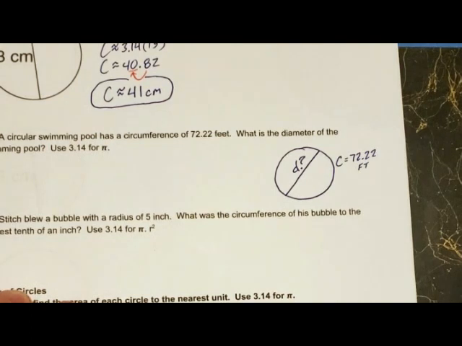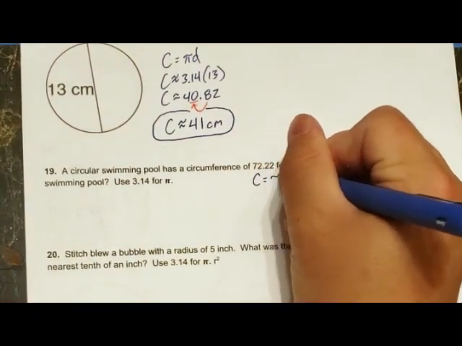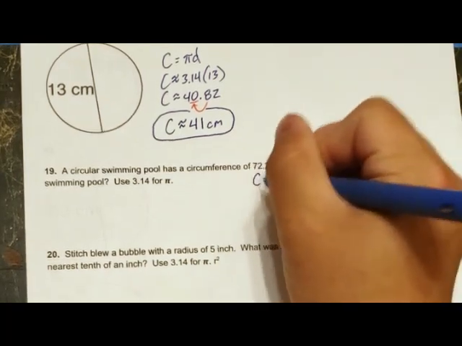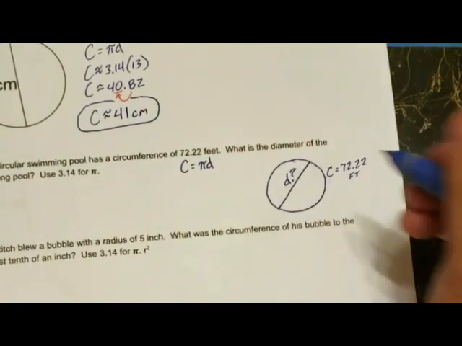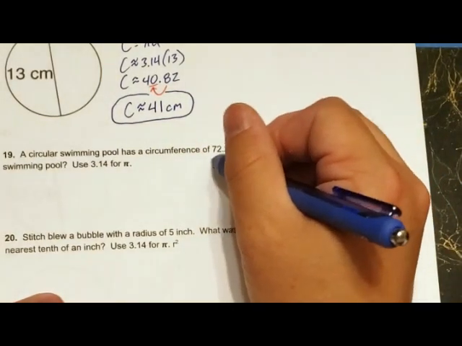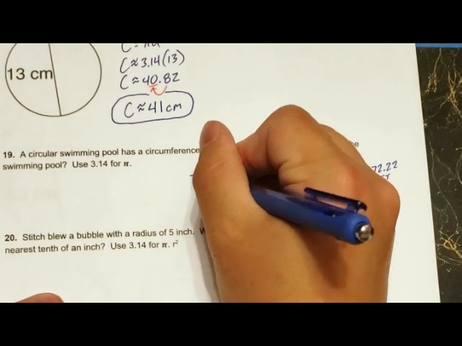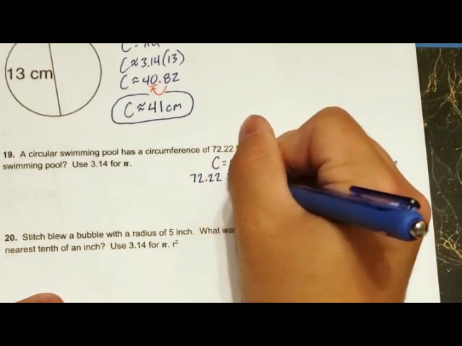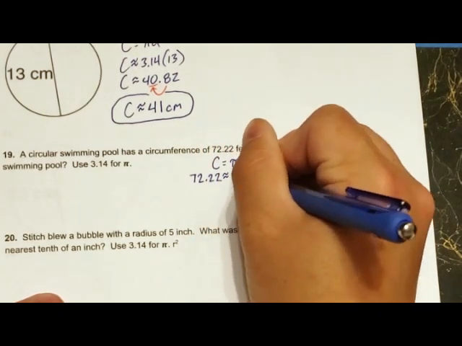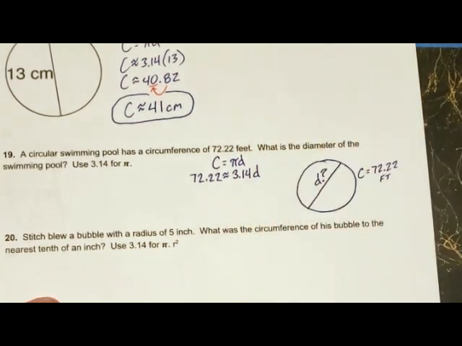Okay, so we're going to use the same formula, but the way we work it is going to be a little bit different. C equals pi d. That's the formula that connects the circumference and the diameter. Except this time, instead of leaving the C as the variable, we're going to leave the d as the variable. So we've got 72.22 equals 3.14 times d.